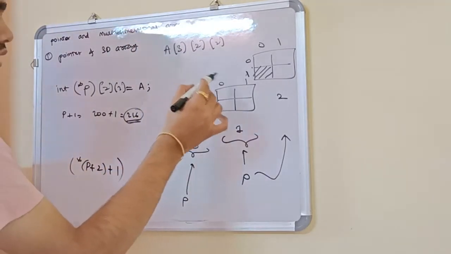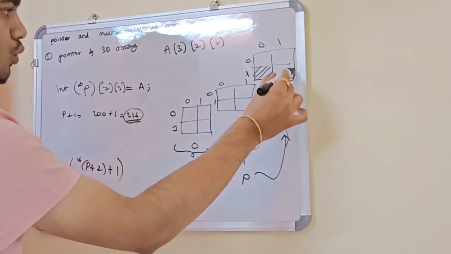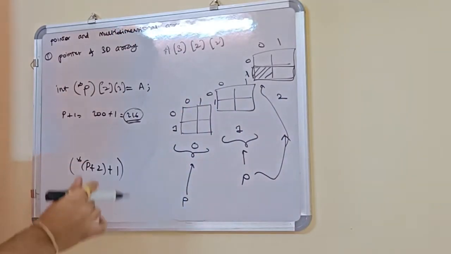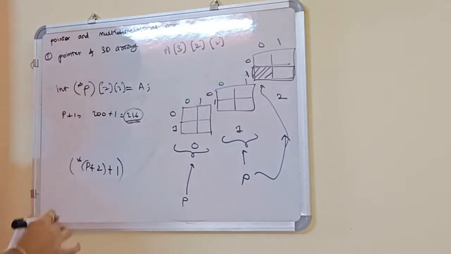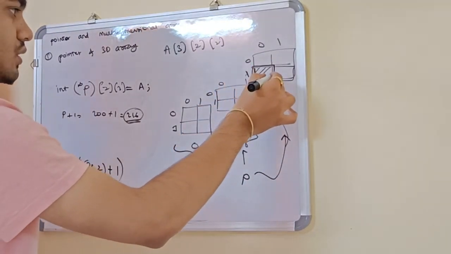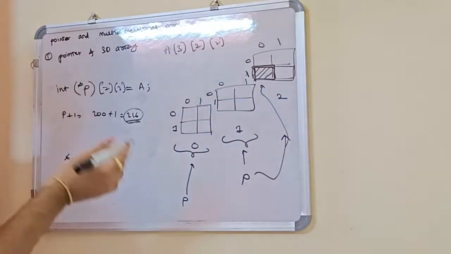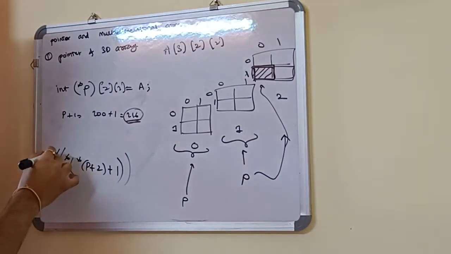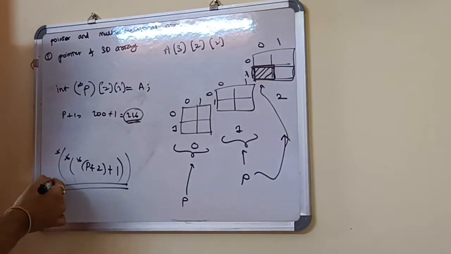Now I am pointing to this first row, and I have to go to that location, so I will dereference again. Now I am pointing to this first element, and I want to print that only, so I will dereference again. So this is how it actually works.